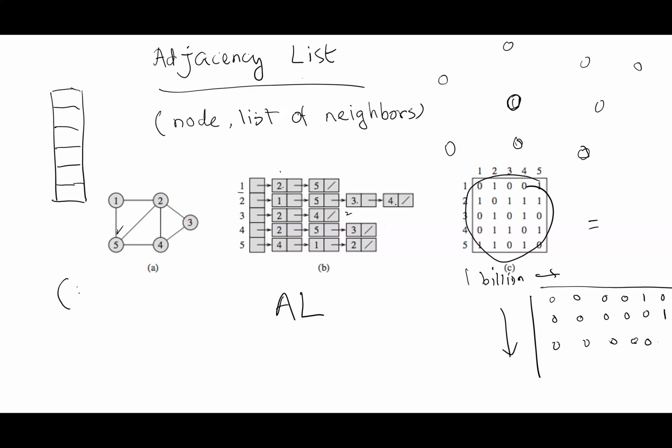Suppose for 1, the node is 1 and the list of neighbors is 2 and 5. We can save here 1, 2, and 5. For 4, the node is 4 and its neighbors are 2, 5, and 3, right? So I can just put it in the hash table as 4, 2, 5, and 3.